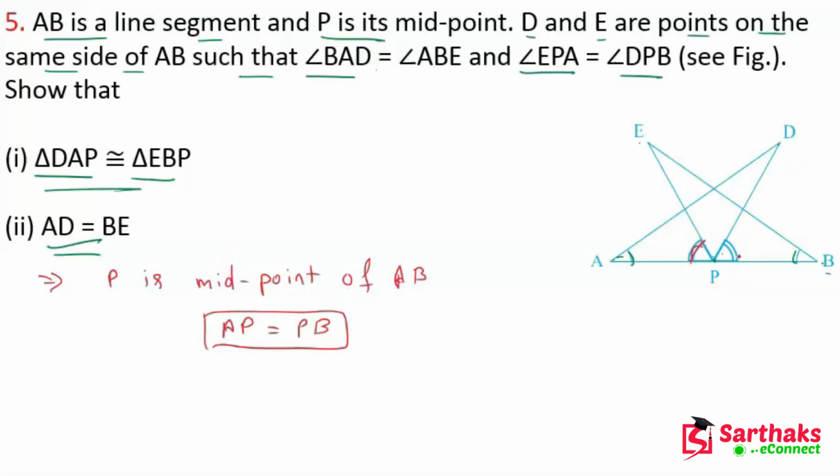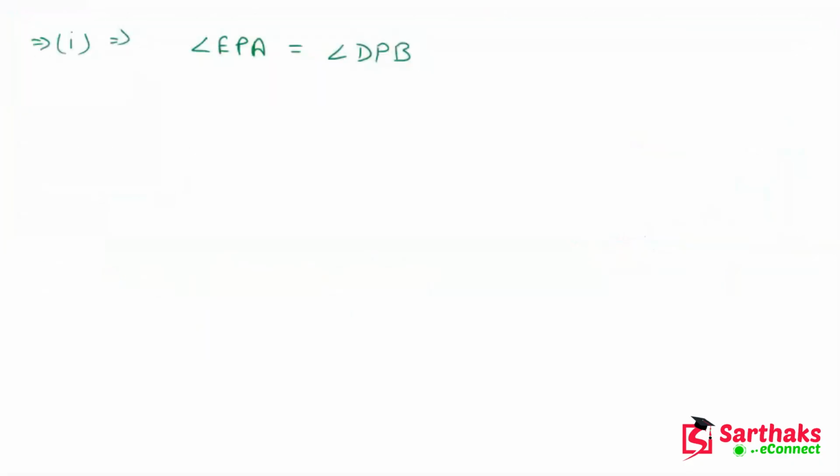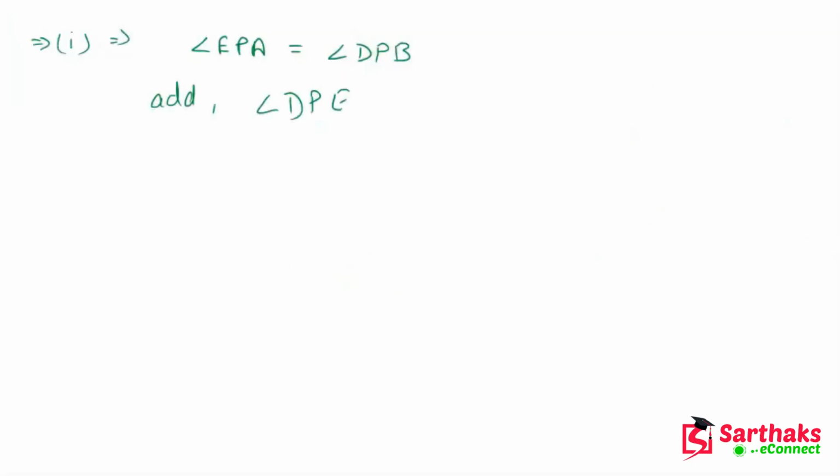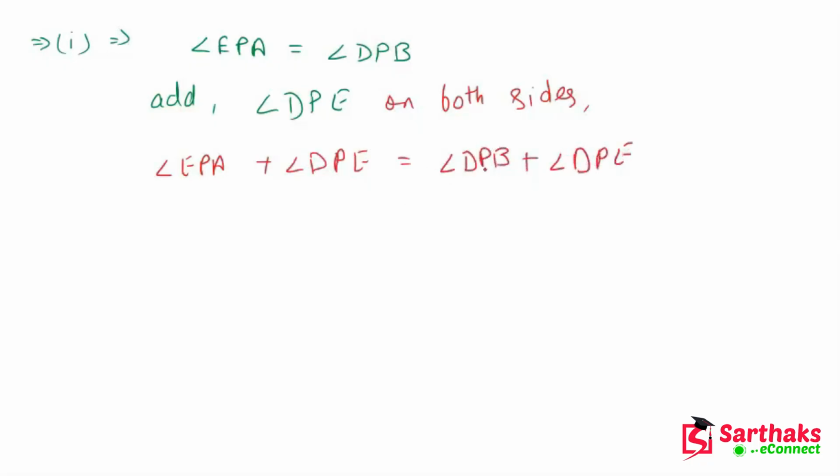If we add angle DPE on both sides, this becomes angle EPA plus angle DPE equals angle DPB plus angle DPE.